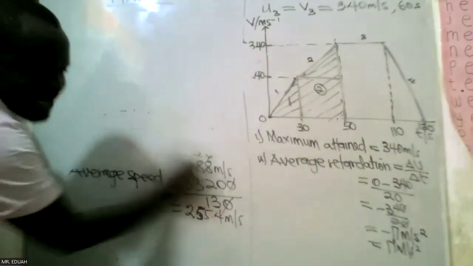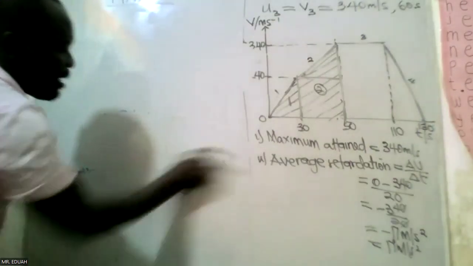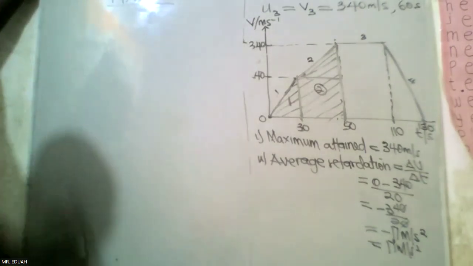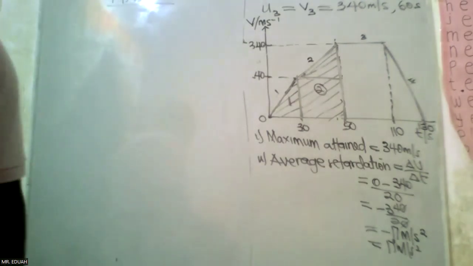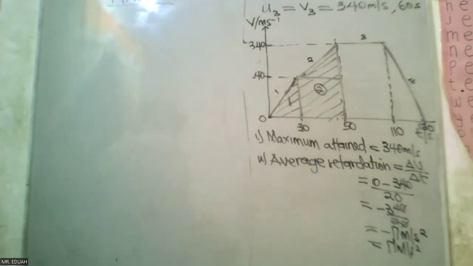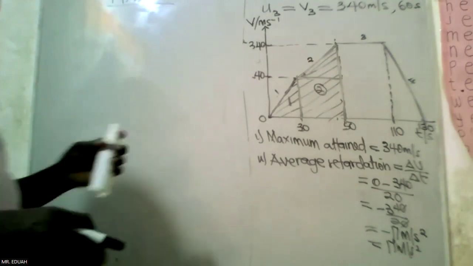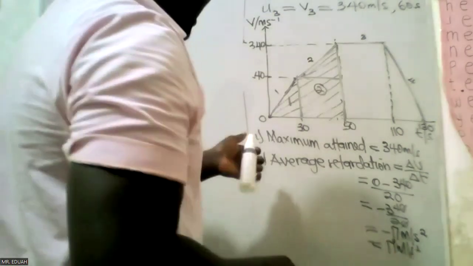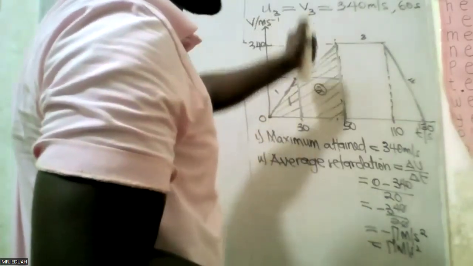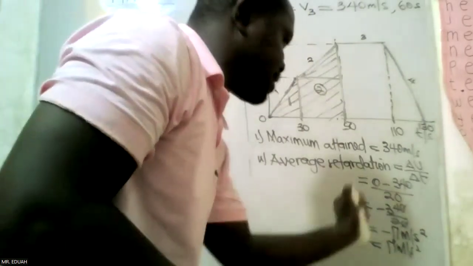Okay, so as I said earlier, our next point of discussion is vertical motion under gravity. We've done linear motion, but we restricted ourselves to uniformly accelerated linear motion.